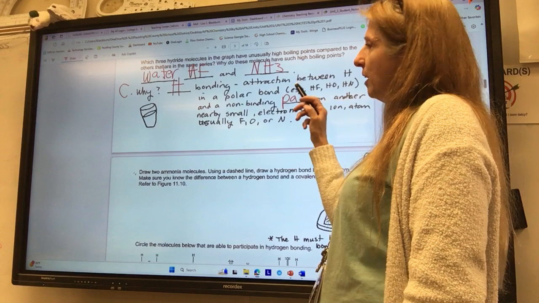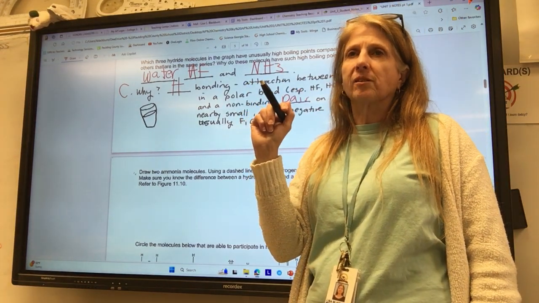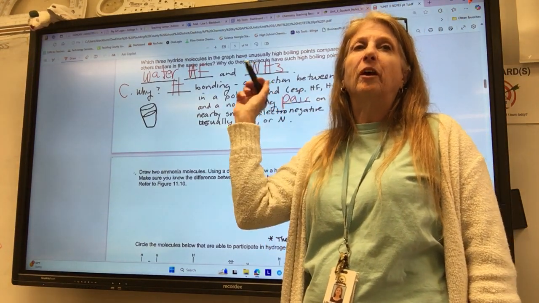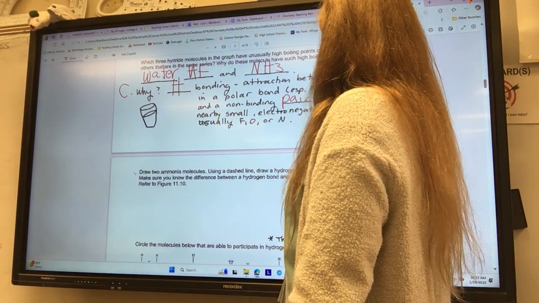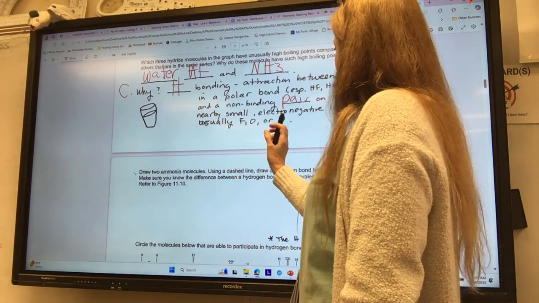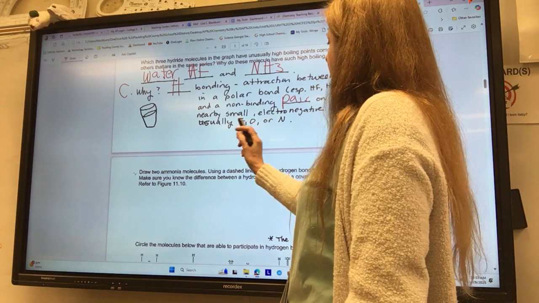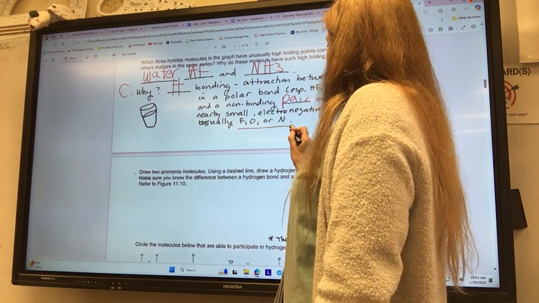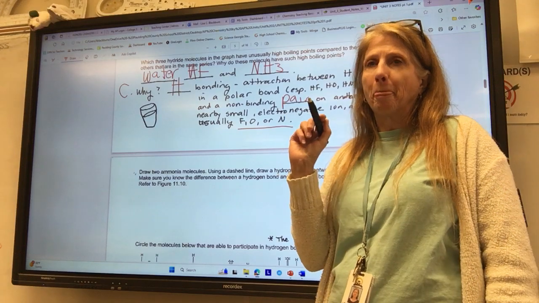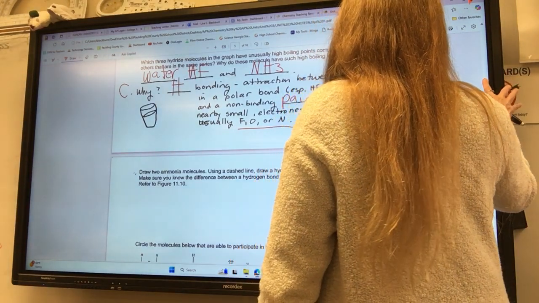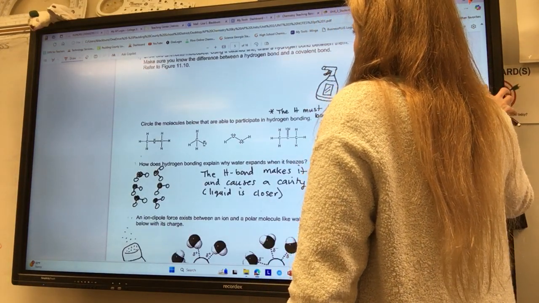But it's got to have a bonding requirement. Okay? Everybody imagine that? It's what's happening in water. And so who it's cuddling up to is a nearby small electronegative atom bonded to F, O, or N. So everybody think about FON. What does it bond to? FON. It's almost a word, right? Got to have some FON bond.